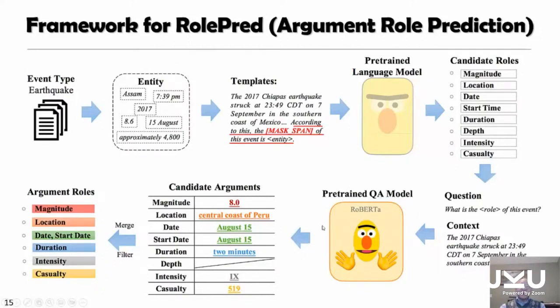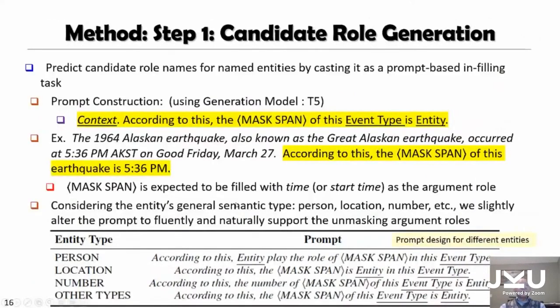Using a pre-trained question answering model, we will be able to derive the concrete data as well. Okay. So we can give you a simple example. Suppose at the very beginning, for the earthquake, you only get this one sentence, like the 1964 Alaska earthquake. From the sentence, we can add a prompt like this. After the sentence we add a prompt: according to this, the magnitude of this earthquake is the concrete value.